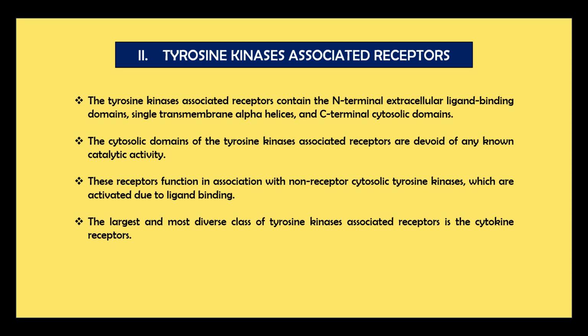JAKs phosphorylate and activate the gene regulatory proteins called STATs, that is signal transducers and activators of transcription. And the STAT proteins are located in the cytosol, and after activation migrate into the nucleus and regulate gene transcription.